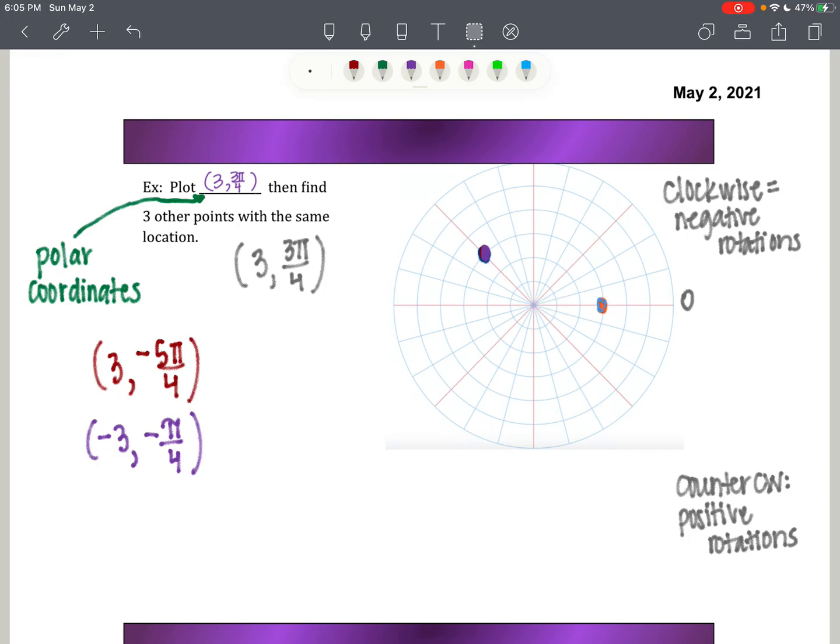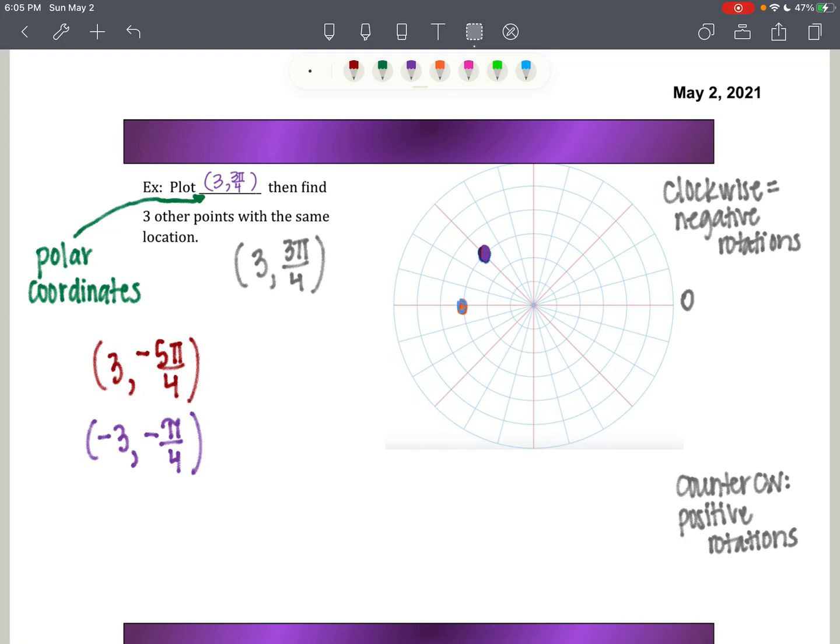And we can find the same point going to the right of the pole or to the left of the pole. So I've already gone to the right twice, a positive and a positive directed distance. Now we're going to do two negative directed distances. So 1, 2, 3, that's a distance of 3 to the left of the pole.